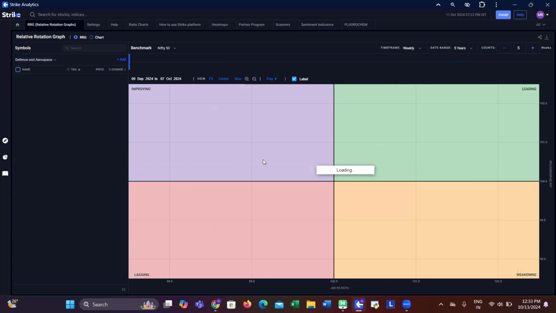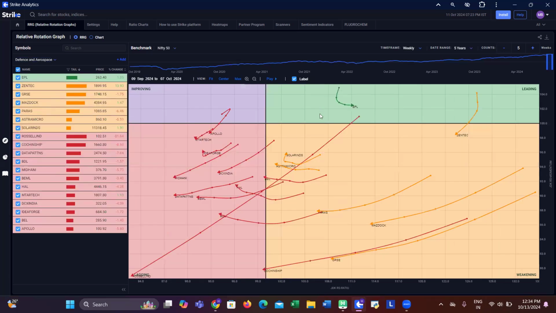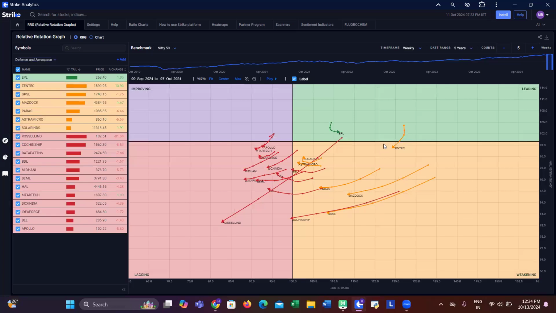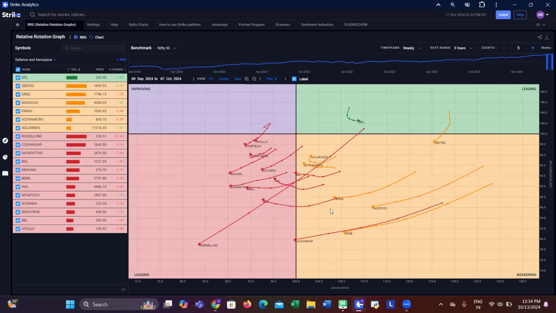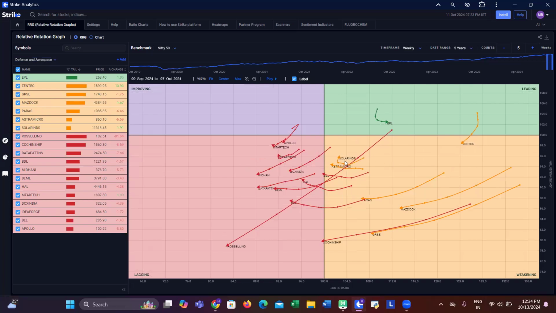Let's take defense and aerospace. We spotted the trend well in advance for defense and aerospace. So you can see, look at this. Many of them are in weakening and lagging, and some of them might get into improving slowly. We need to keep an eye on whether there is any turnaround or any change in status.